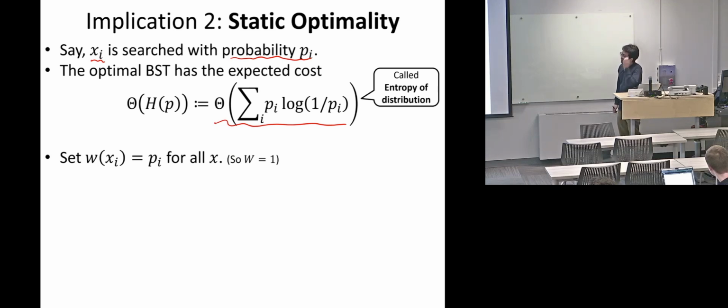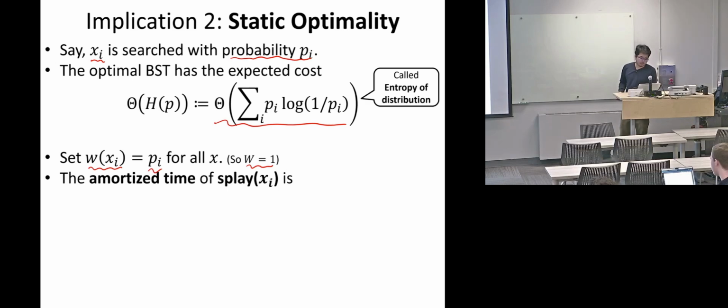But suppose that we are going to try to analyze the cost of Splay. I just set the weight of xi to be pi. So the total weight is 1, because the pi form a distribution, so the sum of pi is 1.